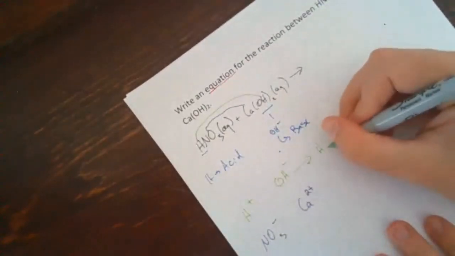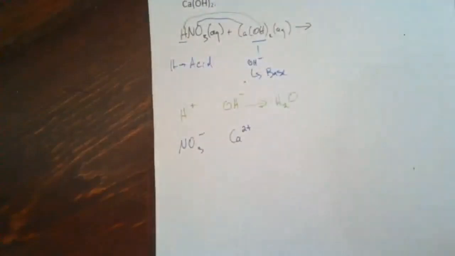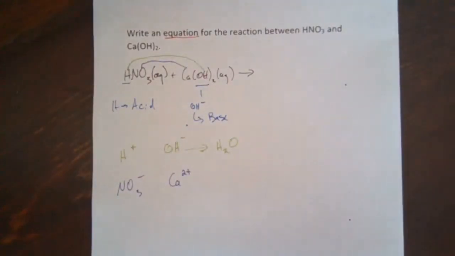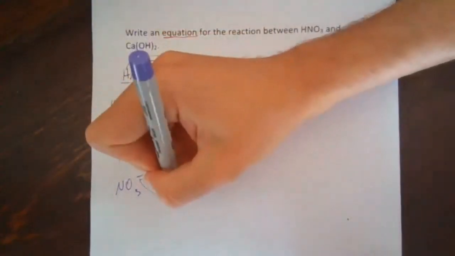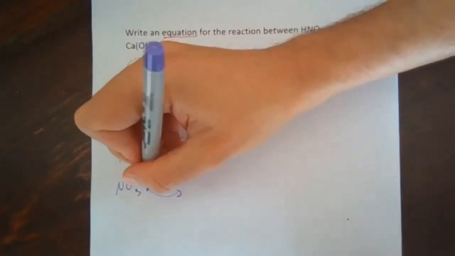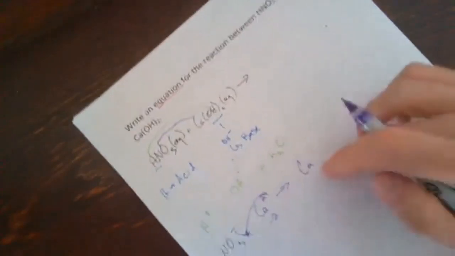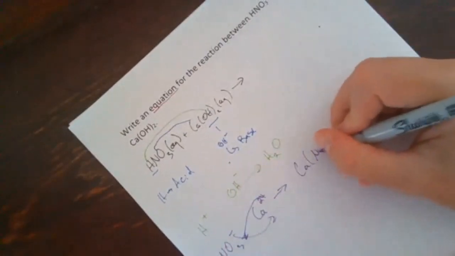If those combine, that gives me H2O. Then Ca2 plus and NO3 minus, get that in there. Those are ions, they can swap. We do want to be careful, I've written them backwards, but the cation still needs to go first in the actual formula. So a 1 goes on the calcium, and a 2 goes onto the nitrate. 2.